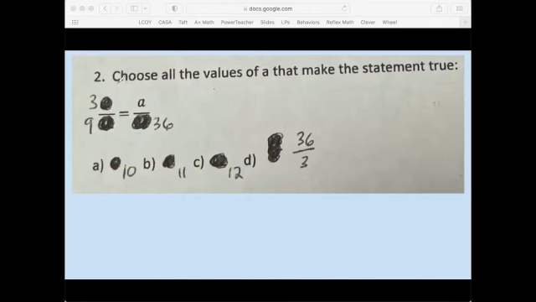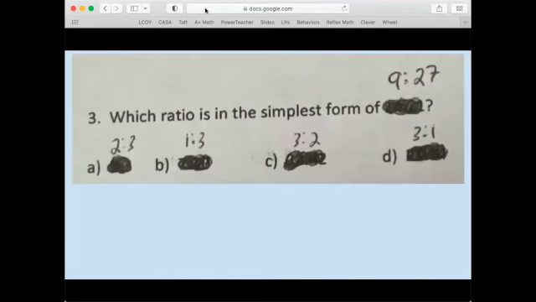Let's go on to number 3. Which ratio is in the simplest form? In order to simplify ratios, what I need to ask myself is, when I look at both of the quantities, what can I divide both of those quantities by to get a quantity that I cannot divide any longer? So it says which ratio is in the simplest form of 9 to 27.